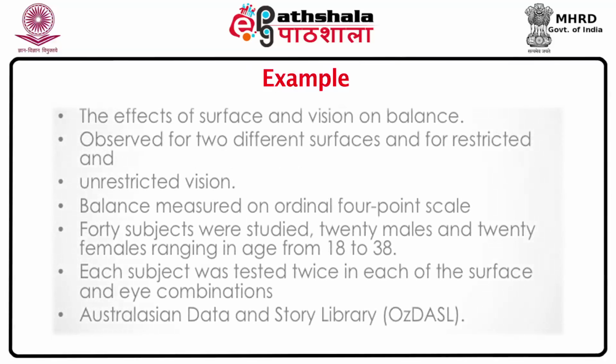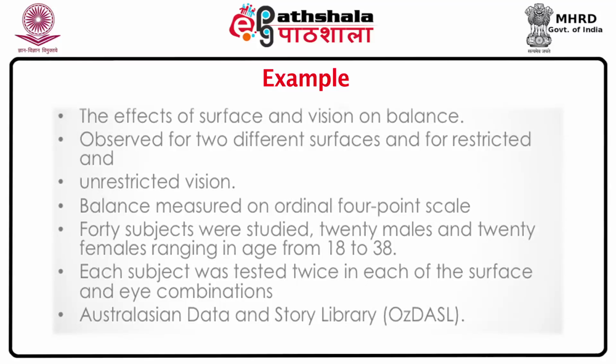Let us now look at a concrete example. In this example, my outcome is balance. So I'm looking at balance for a number of subjects which has been measured on an ordinal 4-point scale. For each subject, it has been observed for 2 different surfaces and for restricted and unrestricted vision.